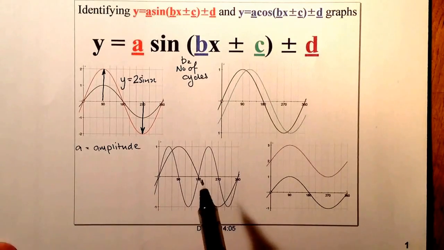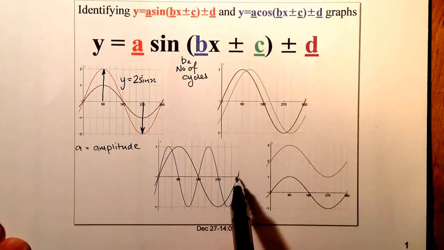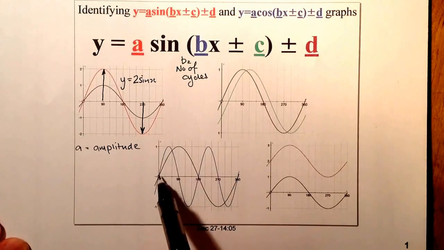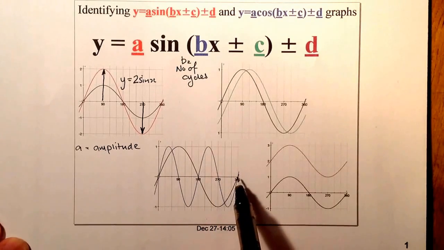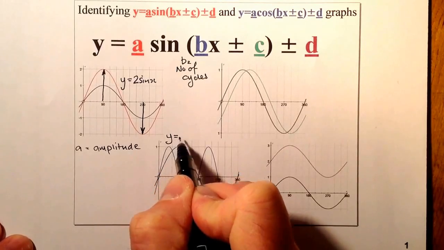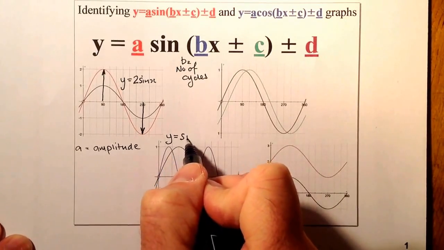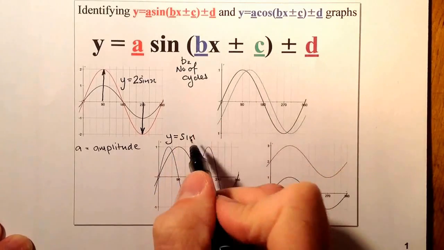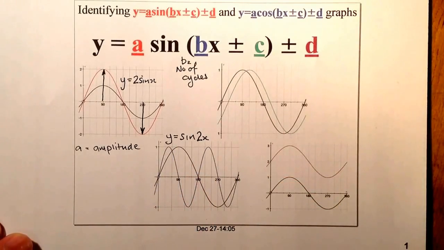Within the 360 degrees where my normal one cycle is, I can see I have 2 cycles. So this graph would be y equals, going up to 1 and -1 here, so it'll just be sine, and where the B value is, that would be 2x.